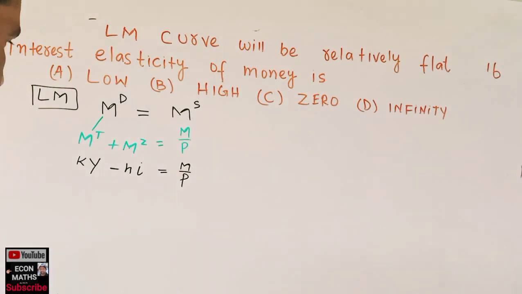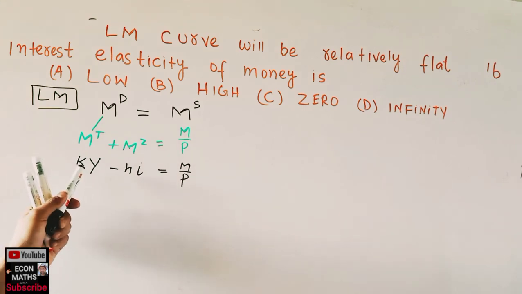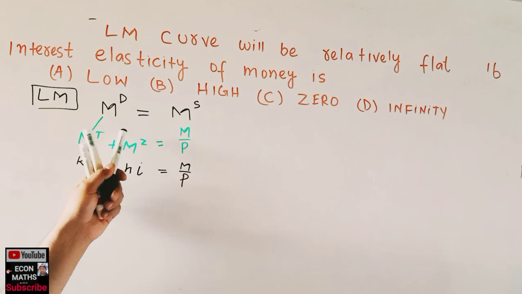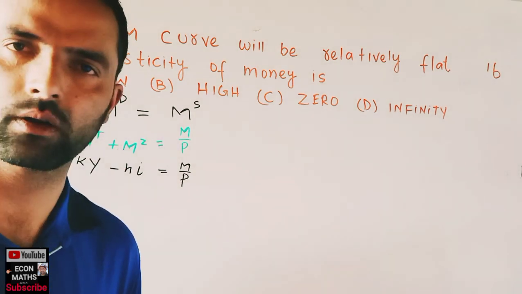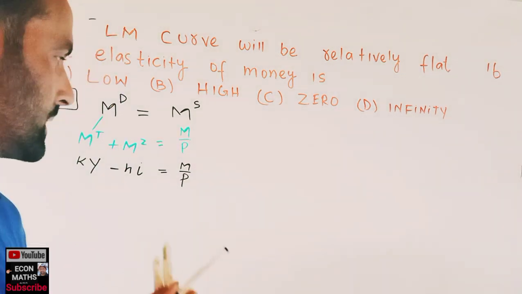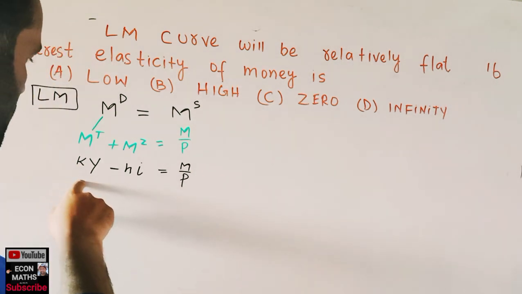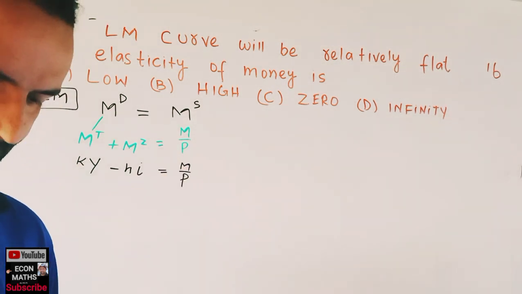So demand for money has two components. Money is demanded for transactionary purposes and it depends upon the level of income, and money is also demanded for speculative purposes and it depends upon the level of interest rate. So demand for money should be equal to supply of money.